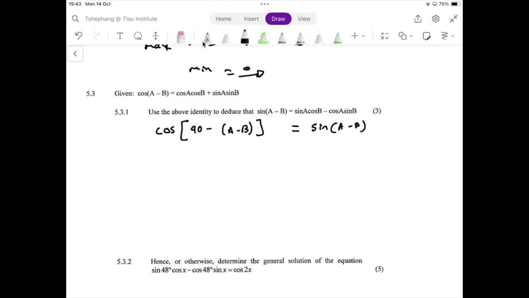Hope we're clear there. Now, it's just a matter of simplifying.